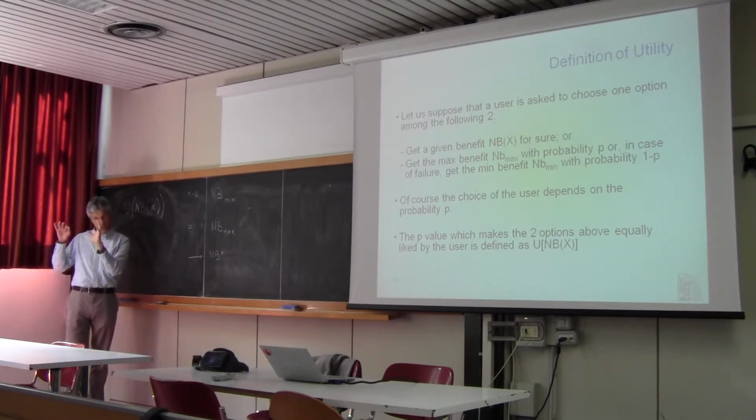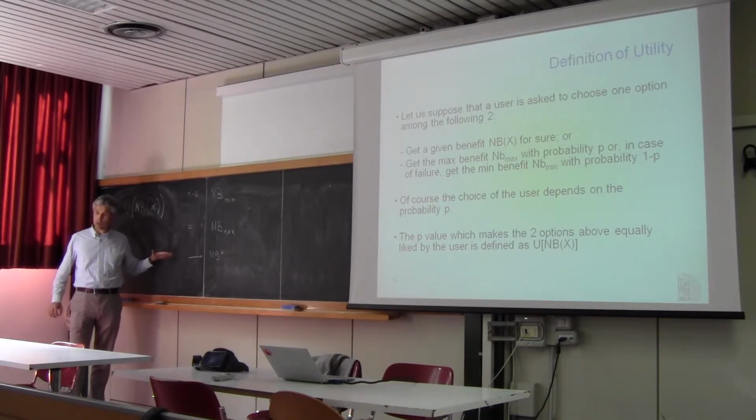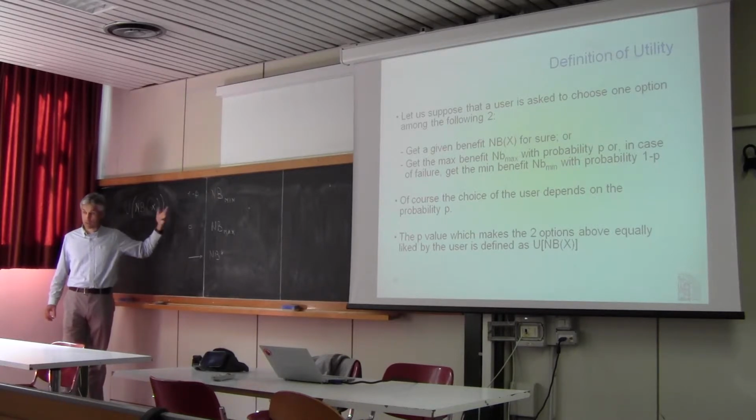So do you understand this situation? Of course, this is a subjective decision, as I said. Some persons don't like the risk, and they prefer to get the money for sure. Other persons like the risk, and they prefer to run the risk if it gives the possibility to get more money.